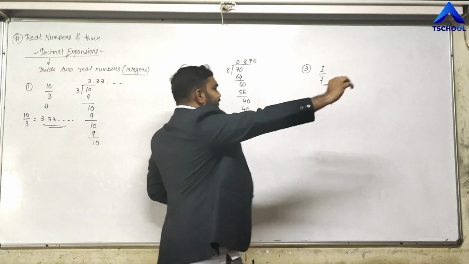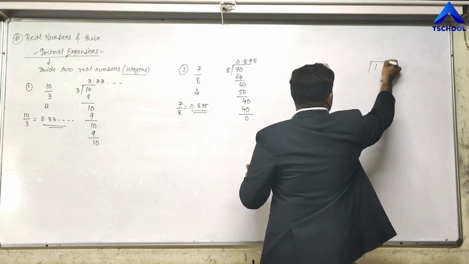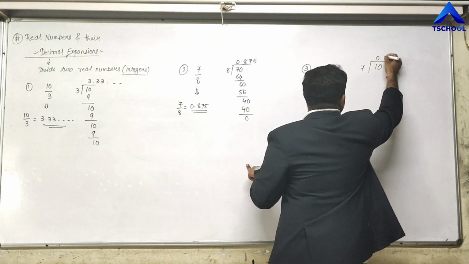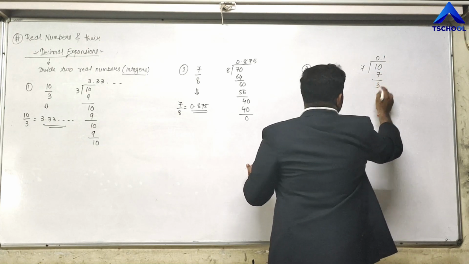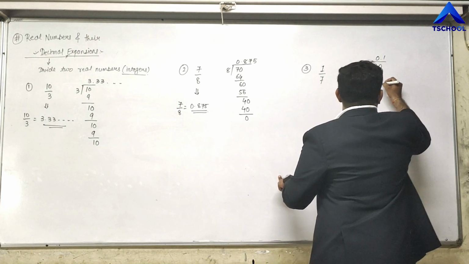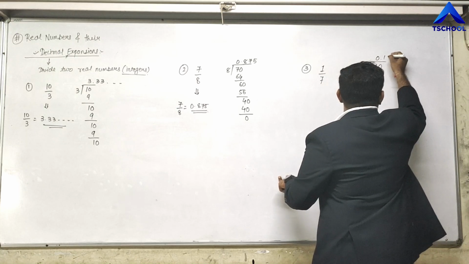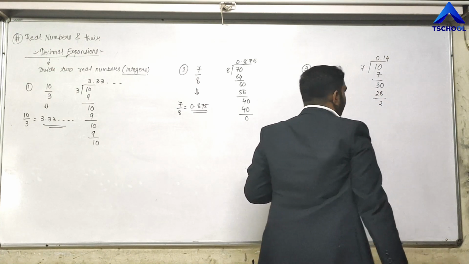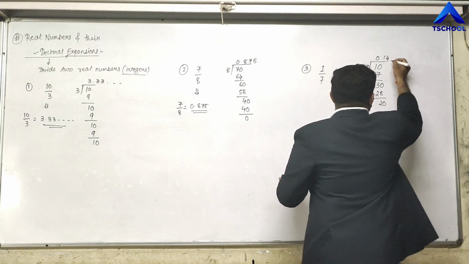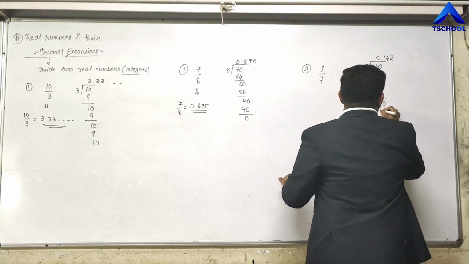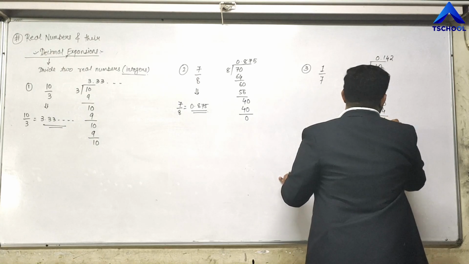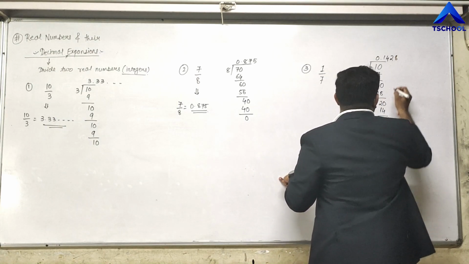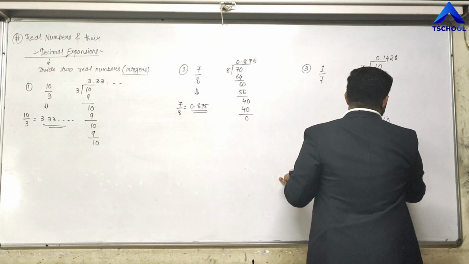And the last one, that is 1 to be divided by 7. So again if I put 0 point, that will become 10, 7 into 1, 7, 3, right? Again putting a 0 here, 7 into 4, 28 with 2 as remainder. Again putting a 0 here, that will be 7 into 2, 14 with a 6 remainder. Again putting a 0 here, that will be 7 into 8, 56.